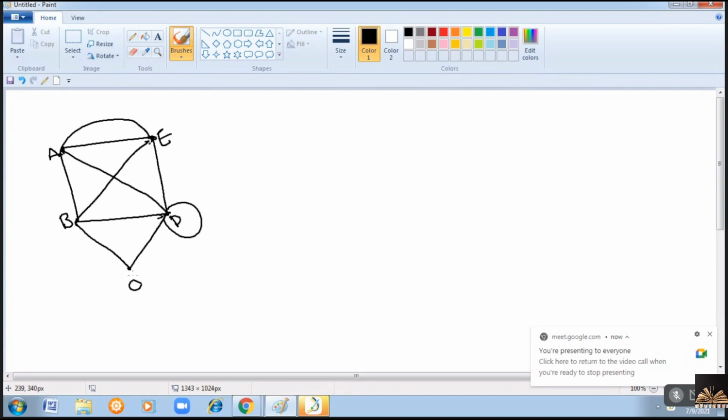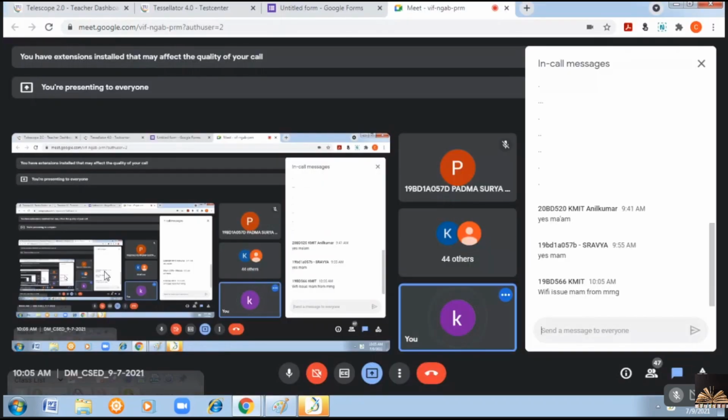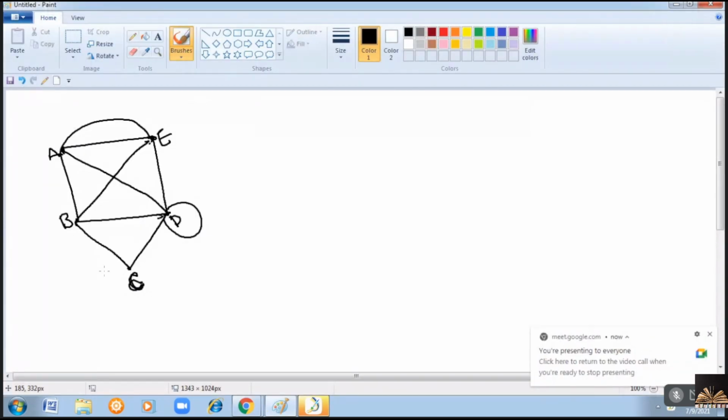Can you try it on your own? Check whether this is a planar graph or not. Everyone, check whether this graph is planar or not. Do it fast, ma.